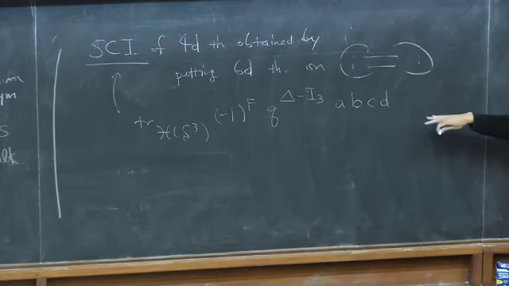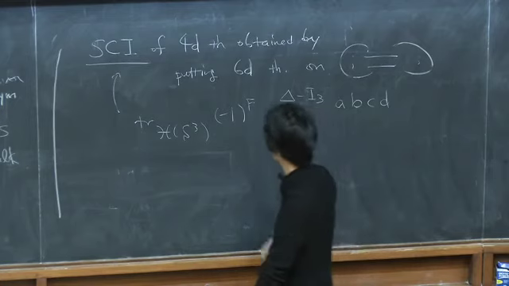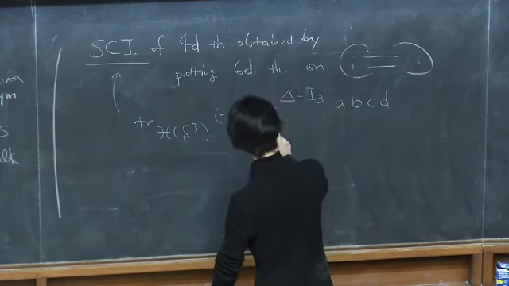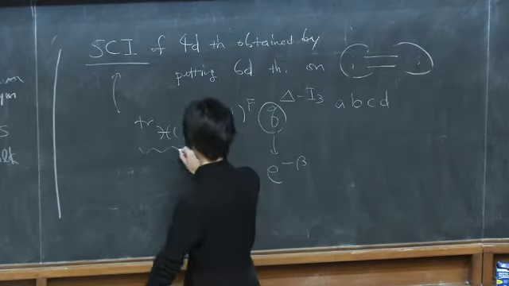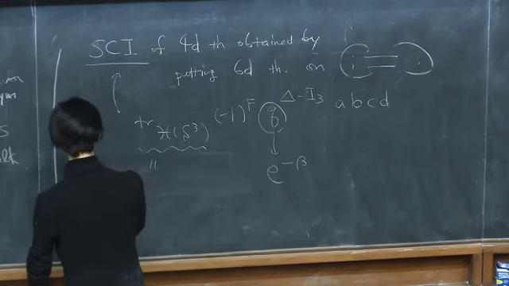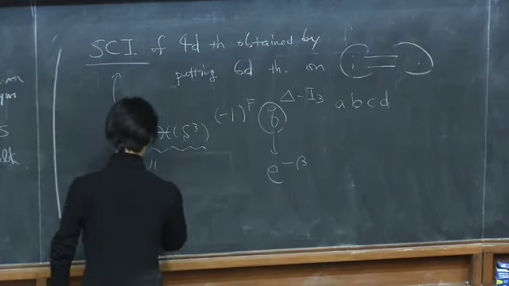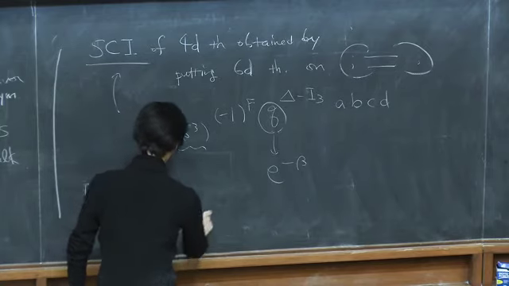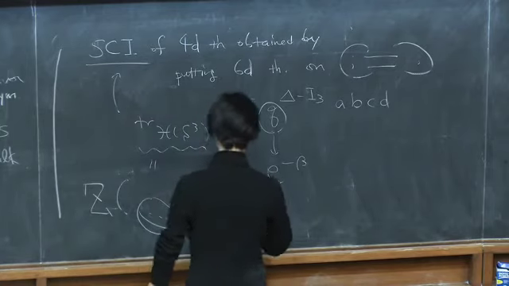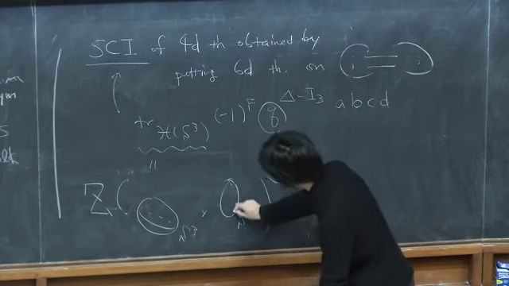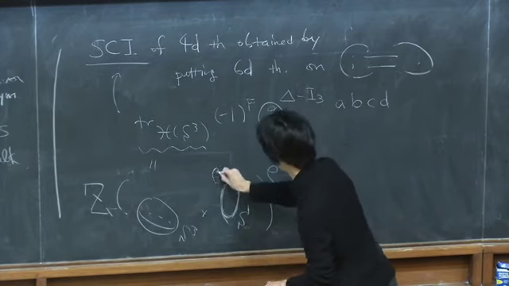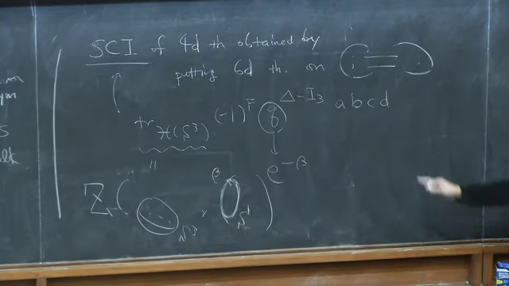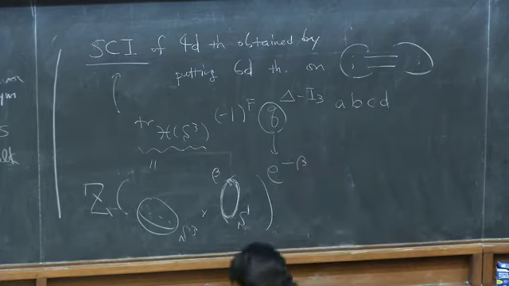This was the Hamiltonian way of writing down the SCI, but if you think of Q as exponential of beta, this is essentially the partition function of the system on S3 times S1, where the length of the time direction is beta, or log Q, with some additional chemical potential put in.